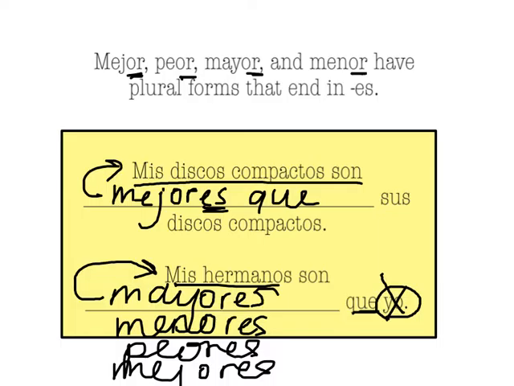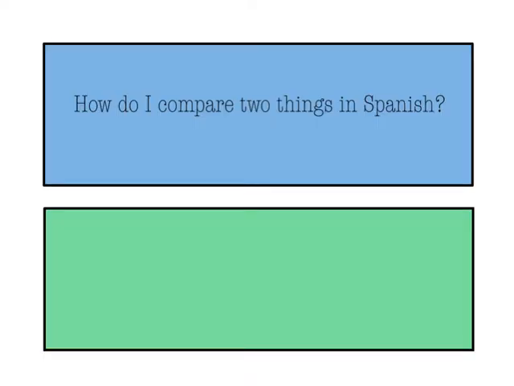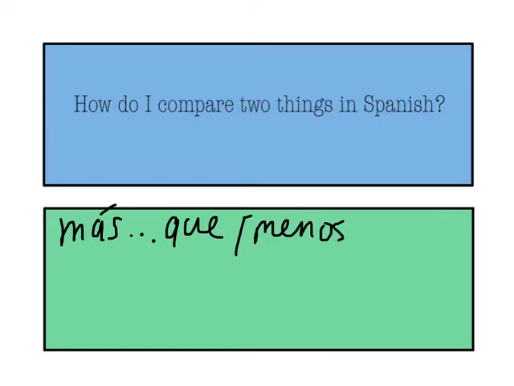So as we finish up today, let's move back to our primary question. How do I compare two things in Spanish? And we learned a couple of ways to do this. So I would go ahead and write, if I were you, más que, menos que. And then I would write down the four other words that we learned. Mejor. Let's do peor. Sorry.